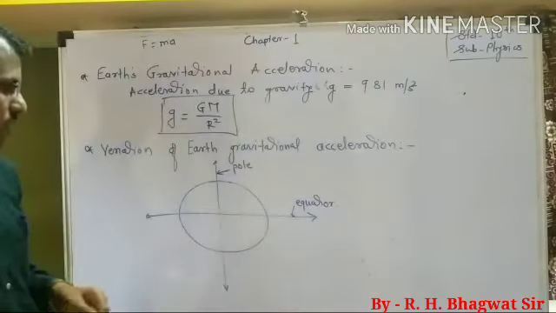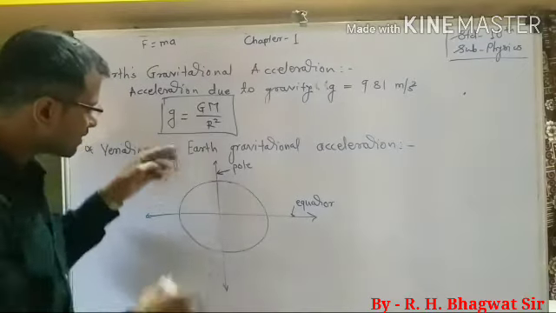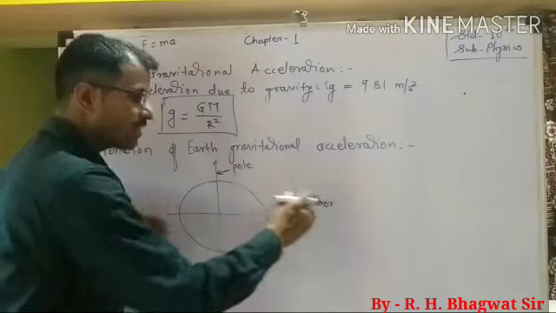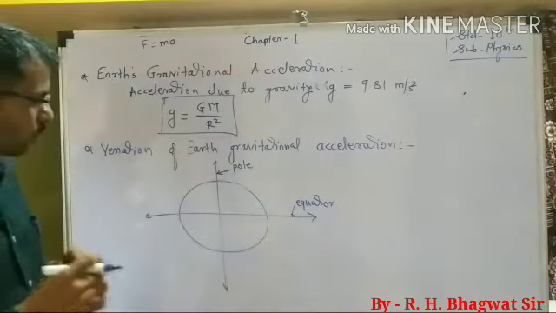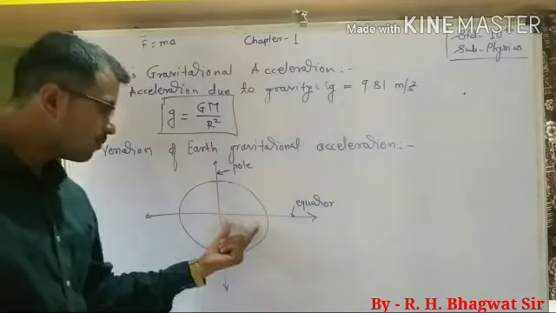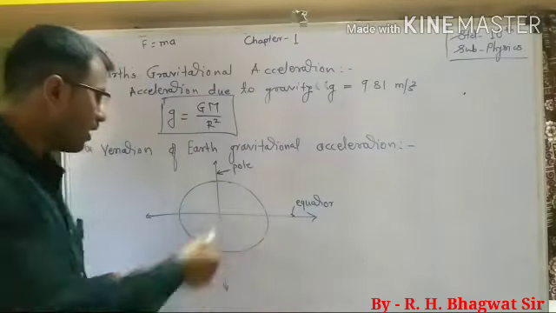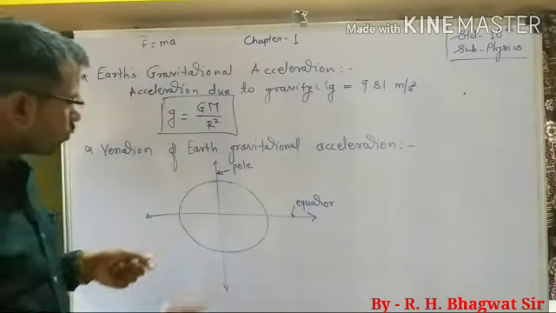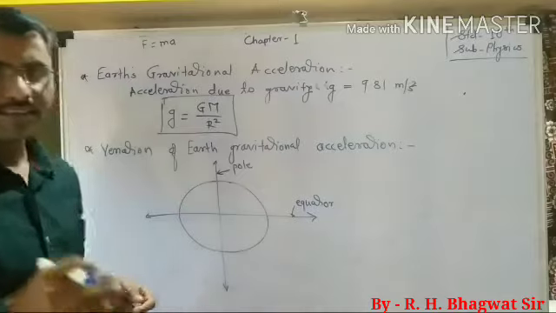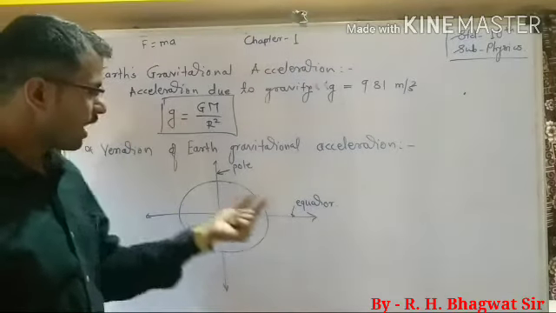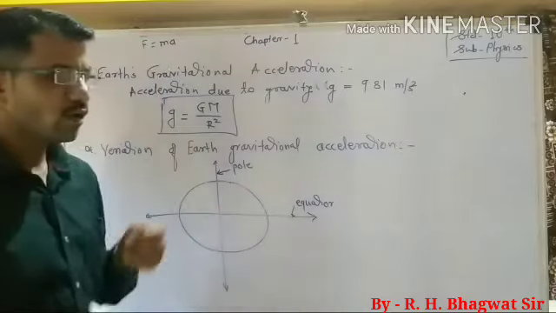Our Earth is slightly flattened at the pole while slightly bulged at the equator, due to which the radius of Earth is maximum at the equator while minimum at the pole. Due to this change in radius, there is a slight change in the value of acceleration due to gravity at the equator and at the pole.